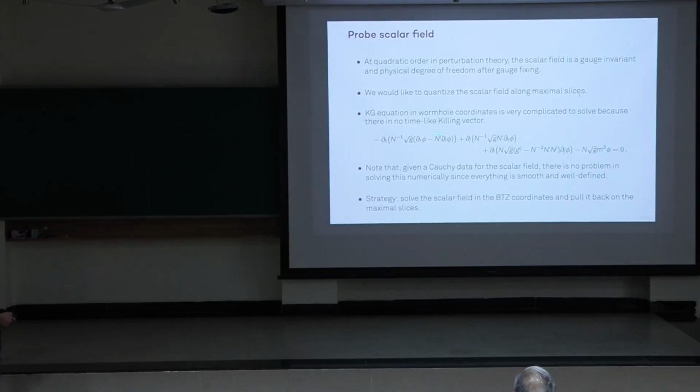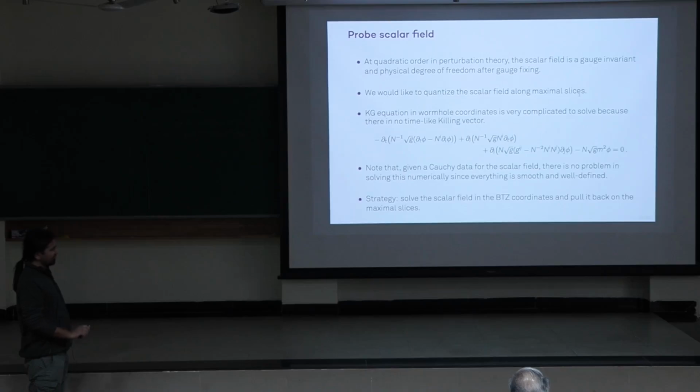The reason is very simple: there is no time-like Killing vector. Because of that, you cannot separate variables like you do in, for example, just the exterior. However, given Cauchy data for the scalar field on the t bar equal to 0 slice, there is no problem in solving this equation numerically because everything is smooth and well defined.